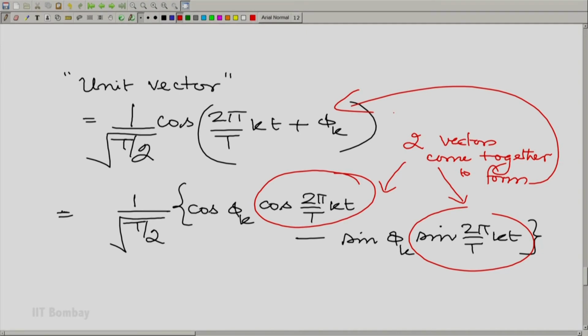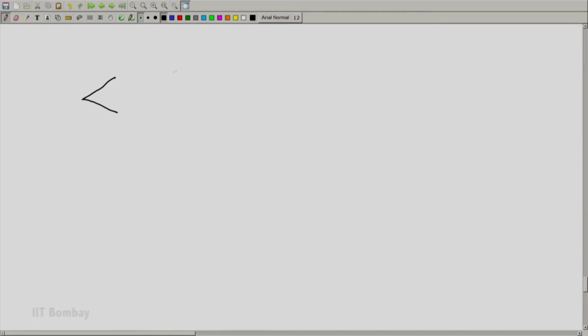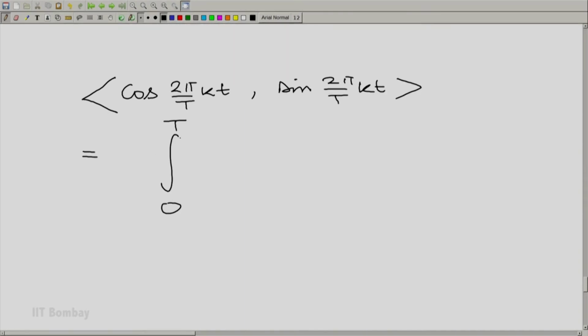And now I need to check whether these again are perpendicular vectors or not. So, let me take the dot product of cos 2 pi by T kt and sine 2 pi by T kt. The dot product is very easy to calculate: it is the integral from 0 to T of cos 2 pi by T kt times sine 2 pi by T kt dt.